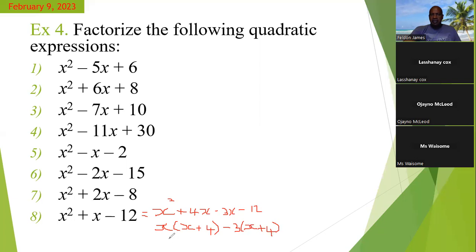All right, so the common factor now is x plus 4, times what we have outside, x minus 3. And so those are our factors. All right, guys, let me see the hands of those who got that correct.